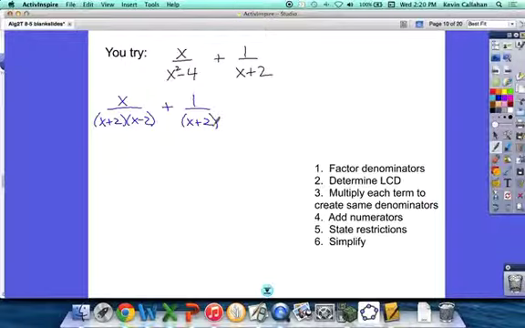What was the LCD? I mean, without writing it somewhere else, you probably just compare these two and say, okay, what do I have to multiply this by so that it has this denominator? And what do you say? The x minus 2, right? This one's missing the x minus 2 that this one has.